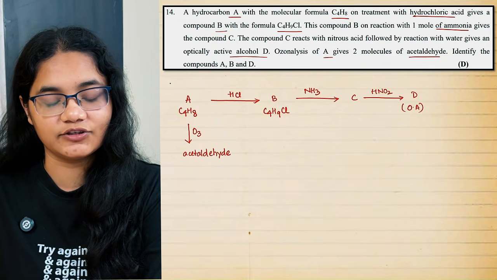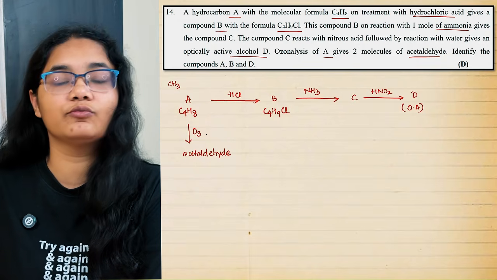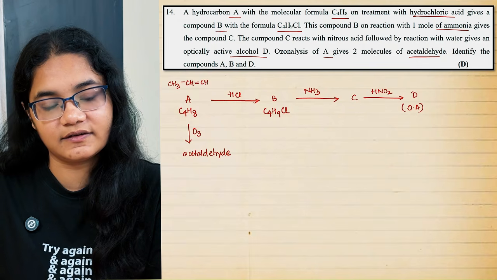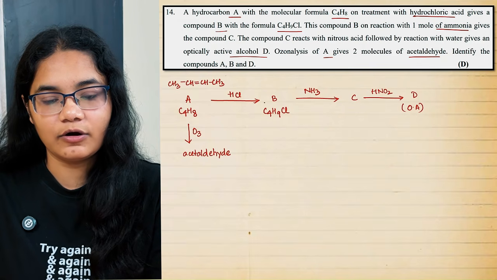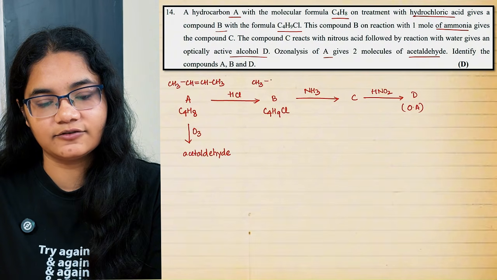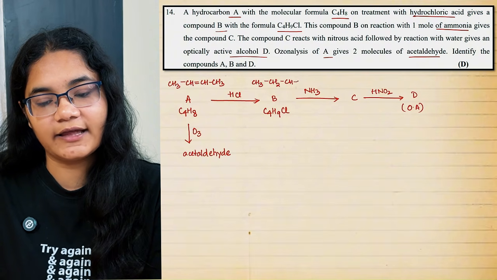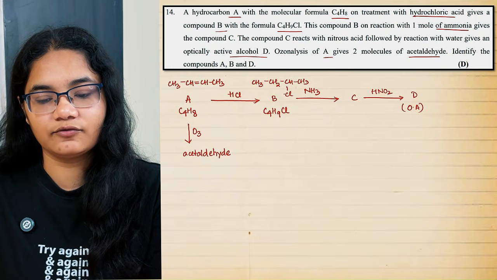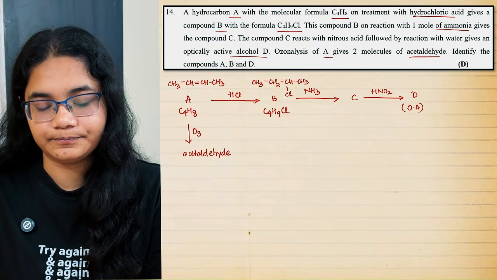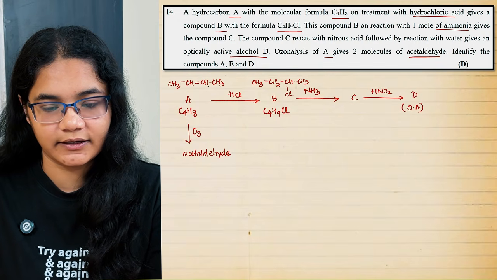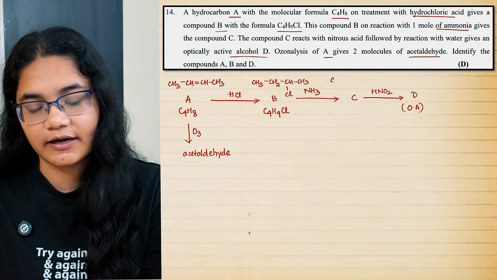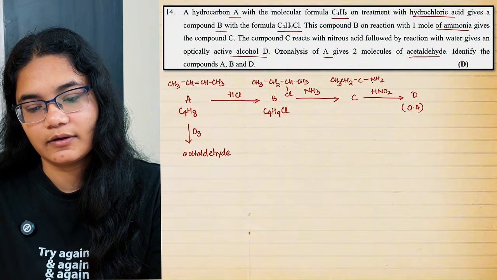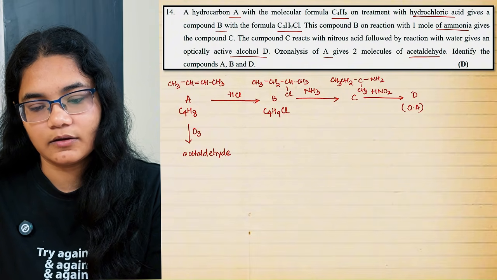So we have C4H8. If it is giving 2 moles of the same compound on ozonolysis, then we need to have a symmetric alkene, right? So this is but-2-ene. Now on treating with HCl, you will get CH3CH2CHClCH3. Now if you treat with NH3, this one will get converted to CH3CH2CH(NH2)CH3.